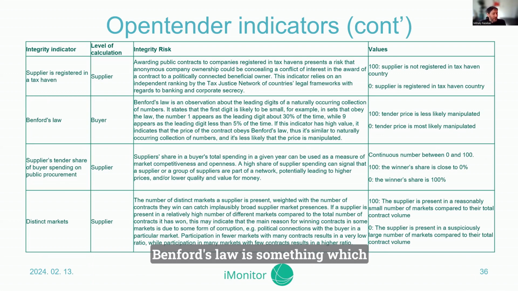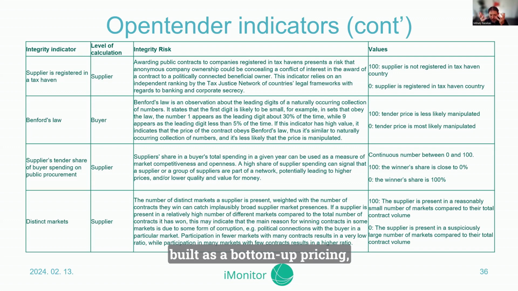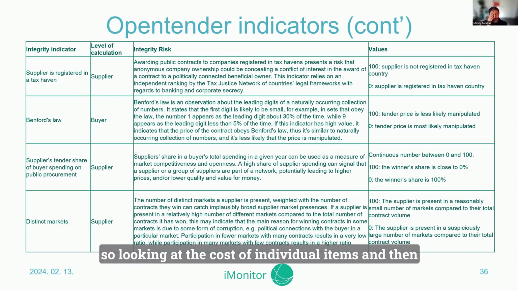Benford's law is something which we haven't discussed. That's basically an indicator signaling that the price values, the numbers used for putting together the price, have been manipulated, rather than genuinely built as a bottom-up pricing, looking at the cost of individual items and then adding them up.